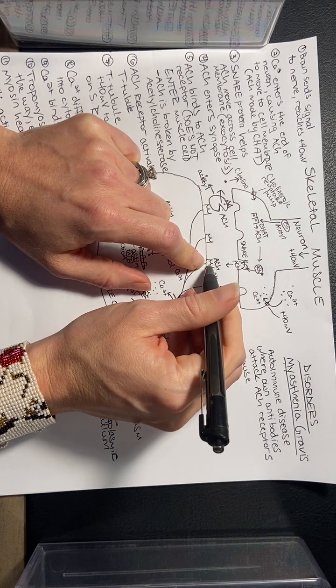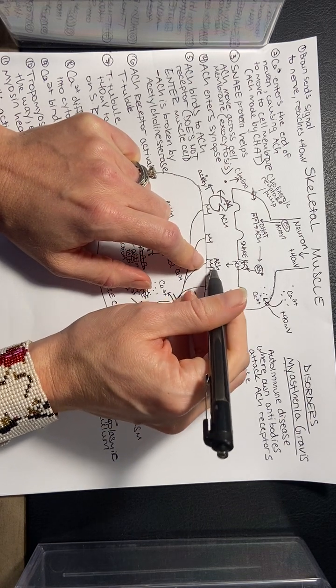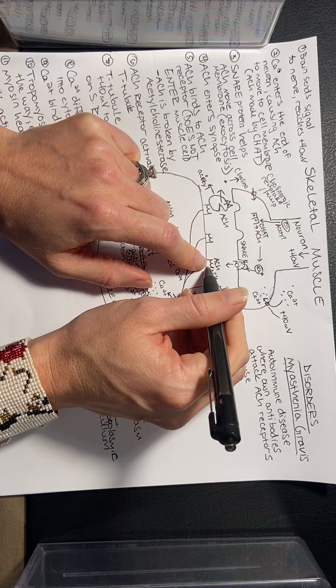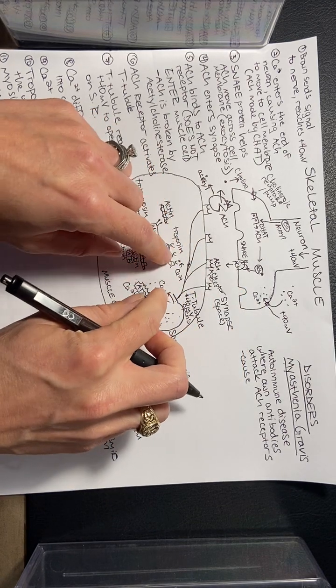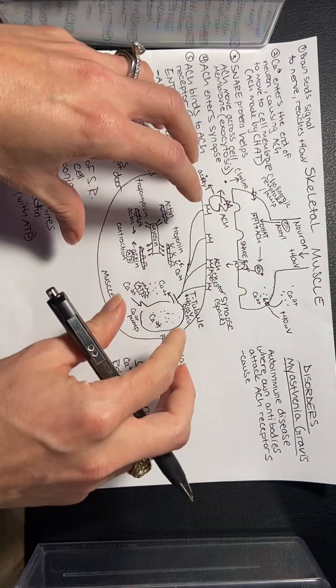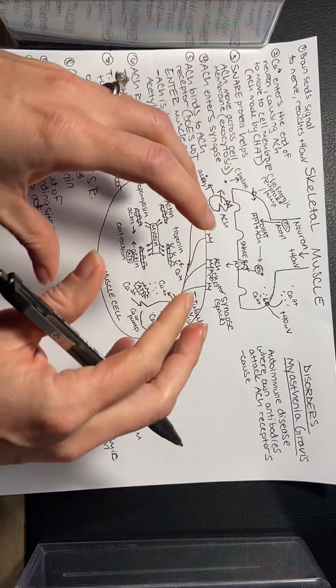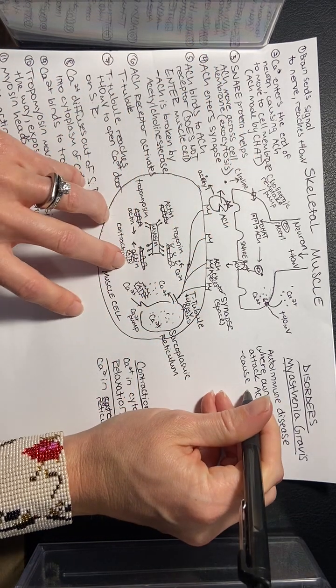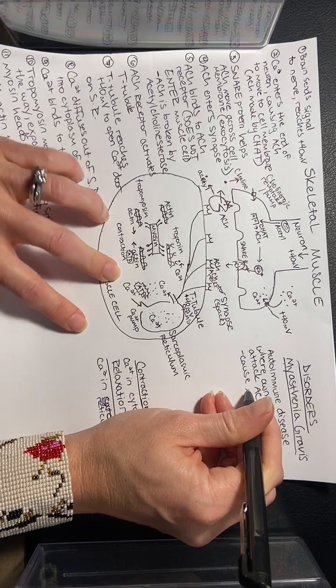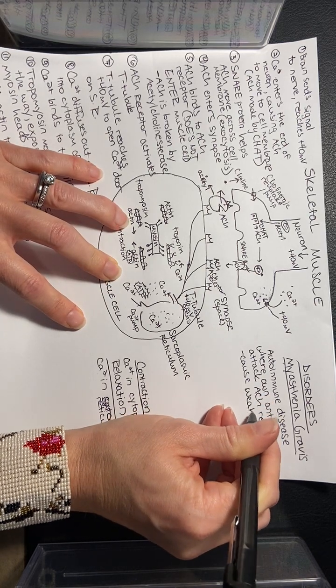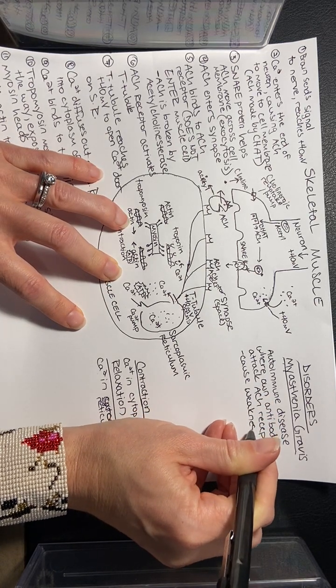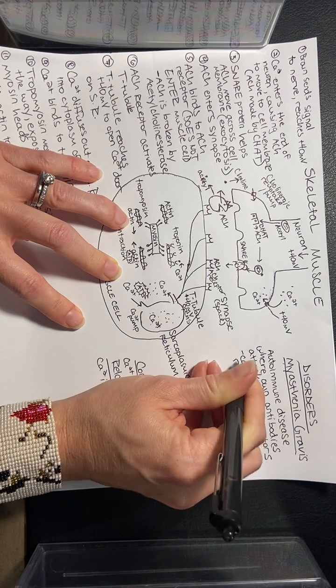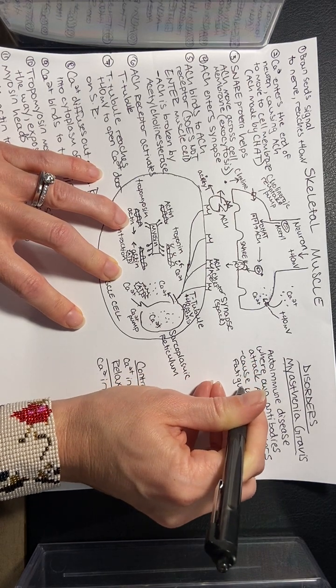If acetylcholine is made, but the receptor's not working, the muscle's not going to contract, and you might get some contraction, but not a lot. So it's going to cause muscle weakness and fatigue, muscle fatigue. Muscles get tired easier.